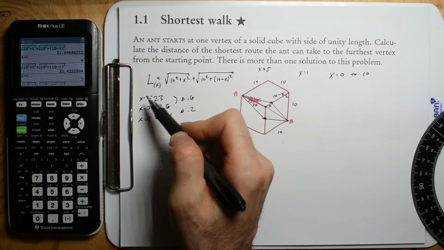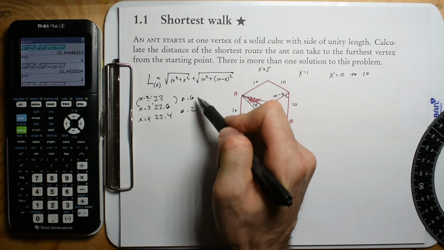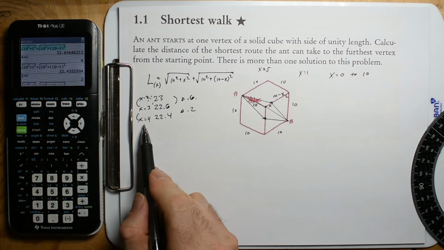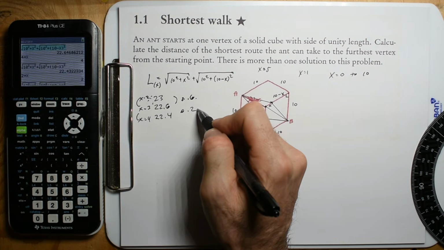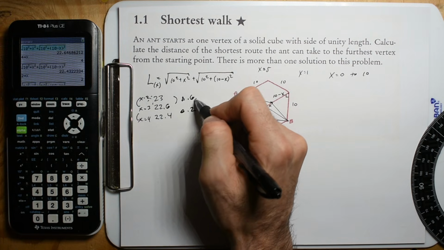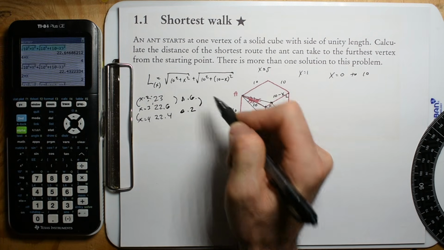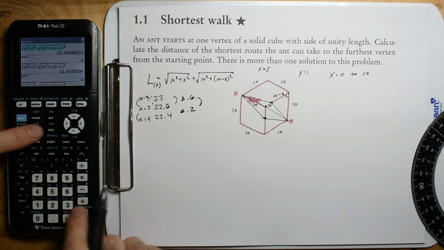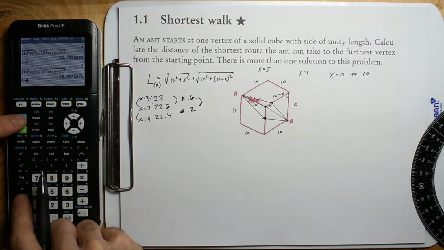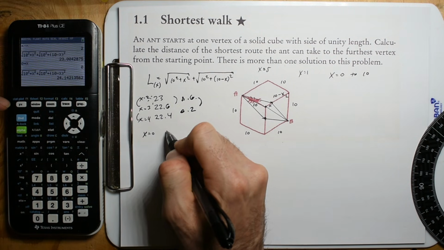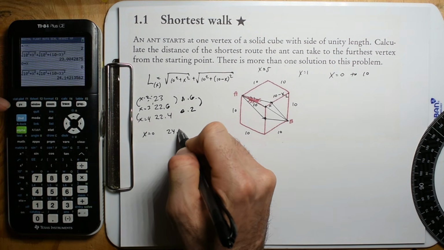So that's what we did here. I changed my x by 1, and I got a change in the length of 0.6. I changed my x value by 1, I got a change of 0.2. So this is what we're comparing. Even at the beginning, when x is equal to 0, we get a length of 24.14.